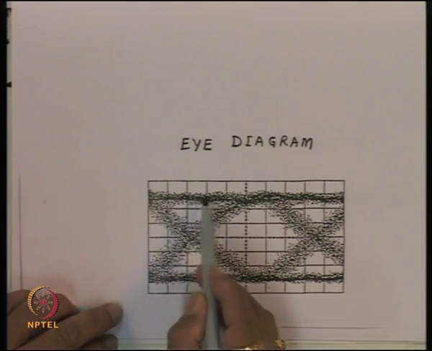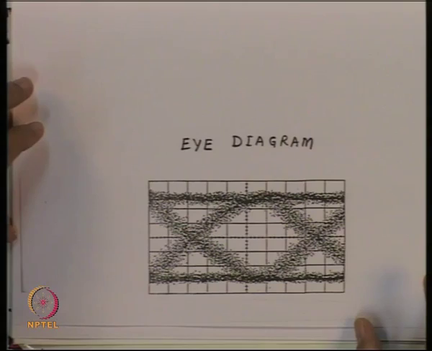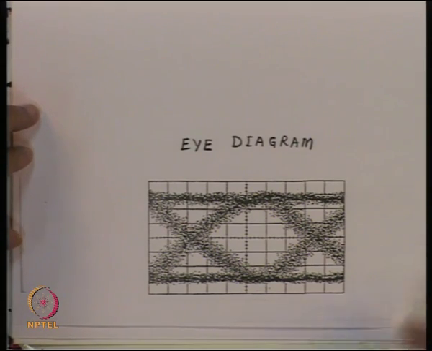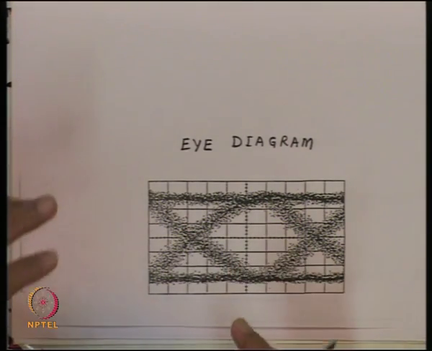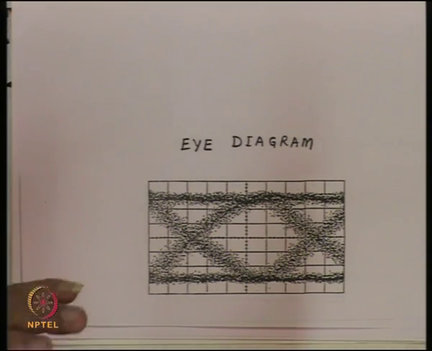If I consider 110, the pattern will look like this. If I consider 010, the pattern will be this. If I consider 101, the pattern will be like that, and so on. And these dots which you see here are just the fluctuations in the optical intensity because of the noise which is present there. So, this pattern essentially gives a visual feel for the quality of data.